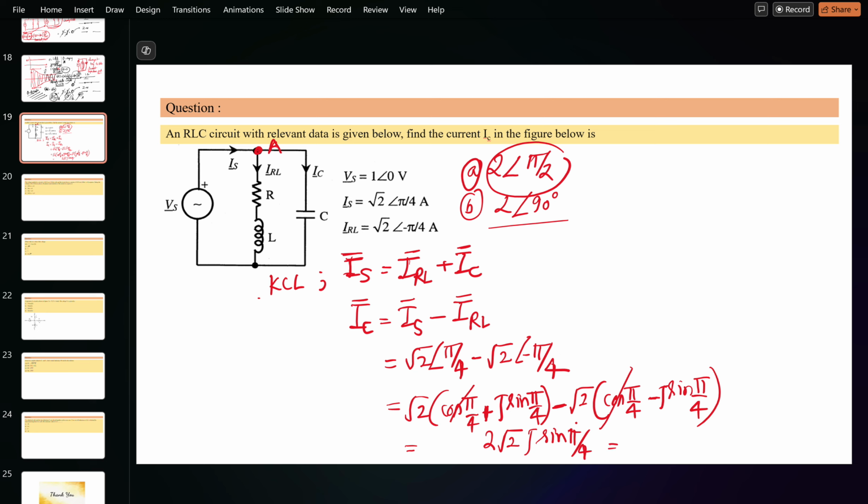Sine pi by 4 is 1 over root 2, and root 2 will be cancelled out. It will become 2j, meaning 2 angle 90 degrees.